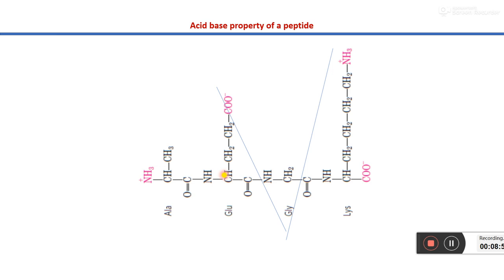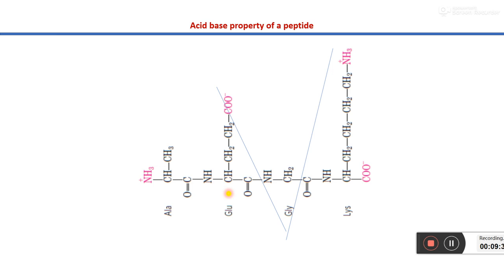Here the alpha amino group and alpha carboxyl group of non-terminus amino acids are covalently joined in the peptide bonds, right, and they don't take part in ionization. So as I told you earlier, since these are present in the middle of this chain, they cannot contribute to the total acid-base behavior of the peptides.